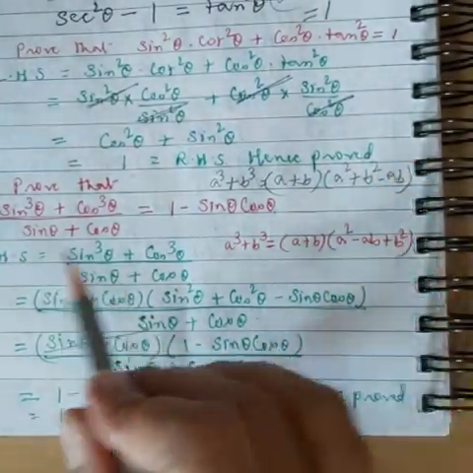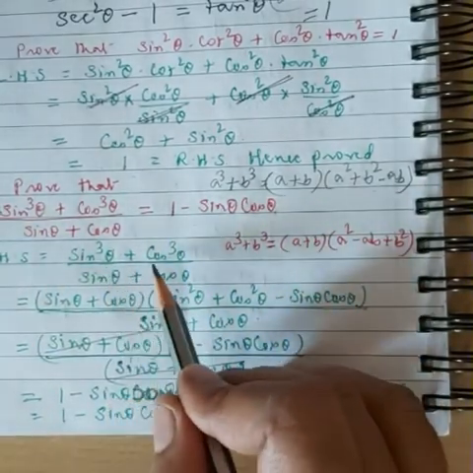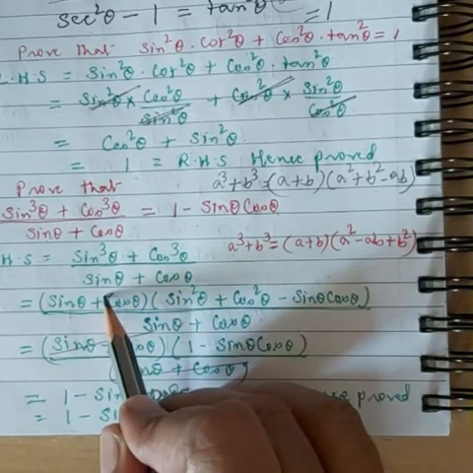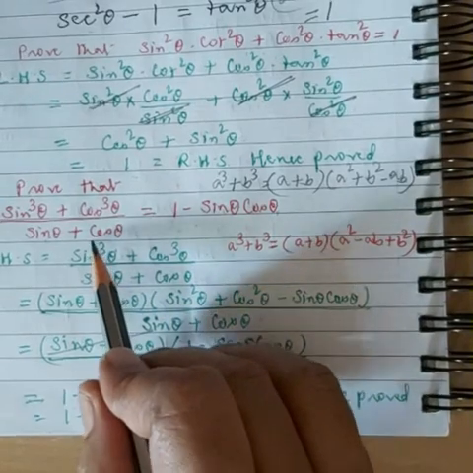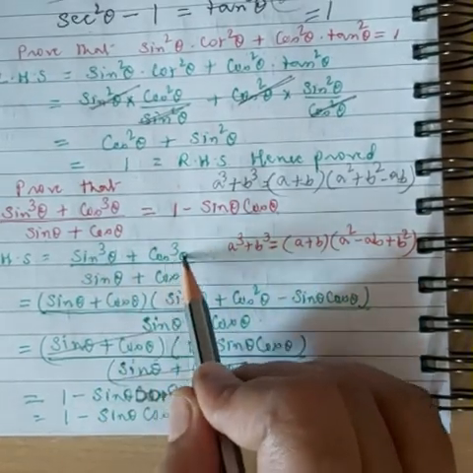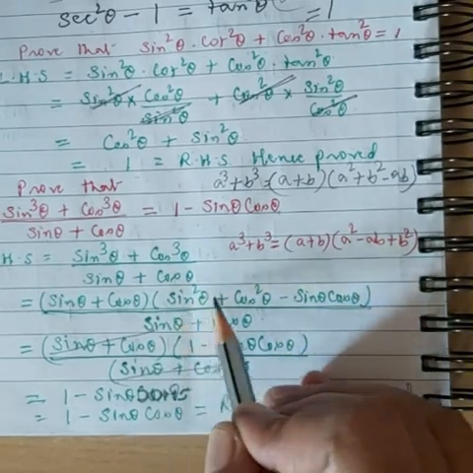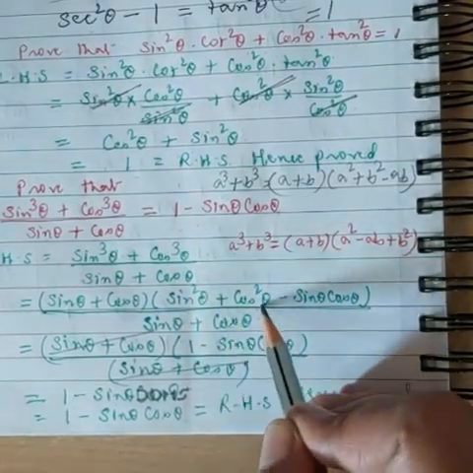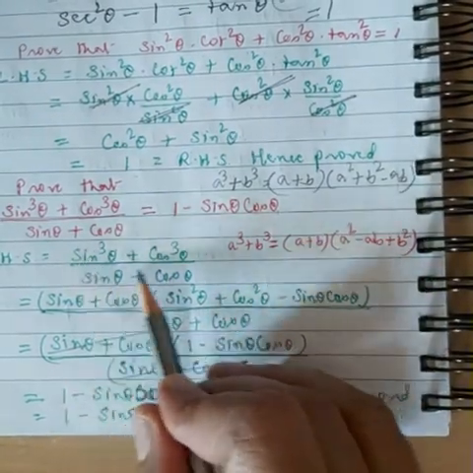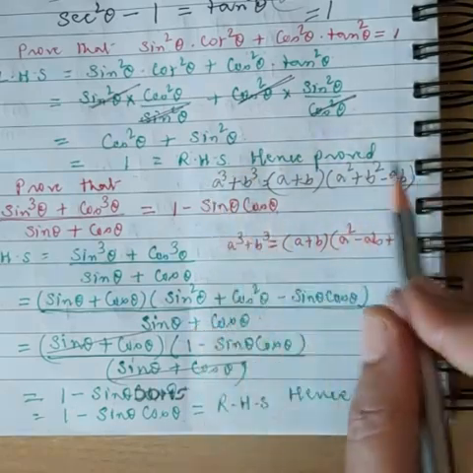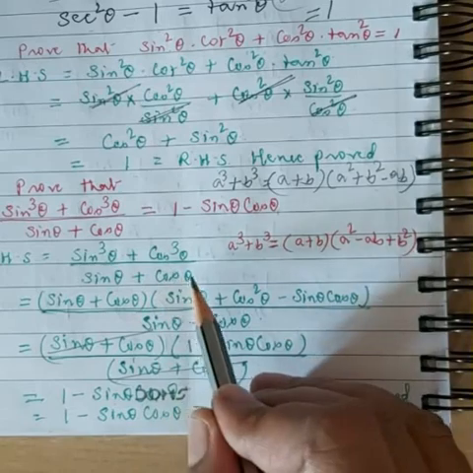Now see here, the left hand side of the expression is sine cube theta plus cos cube theta divided by sine theta plus cos theta. Now sine cube theta plus cos cube theta is what? Sine theta plus cos theta multiplied by sine square theta plus cos square theta minus sine theta into cos theta. So using the identity, we can write in this form, and divided by sine theta plus cos theta.